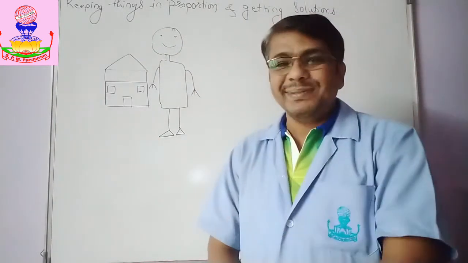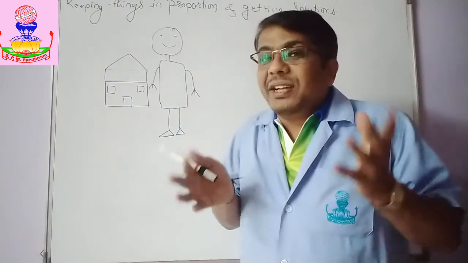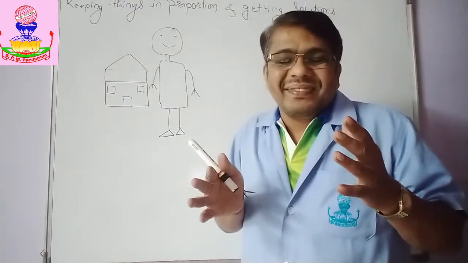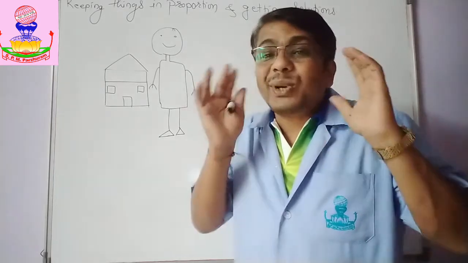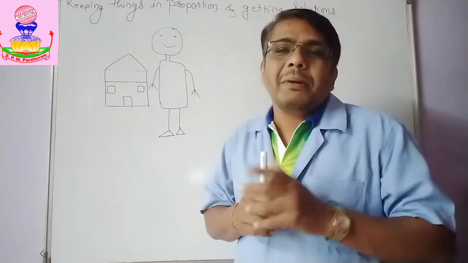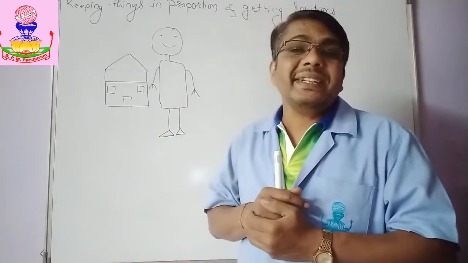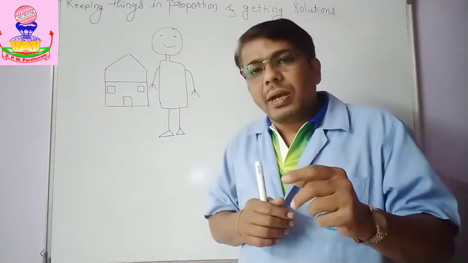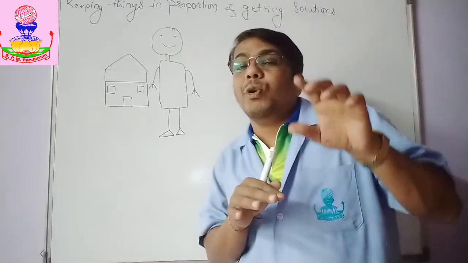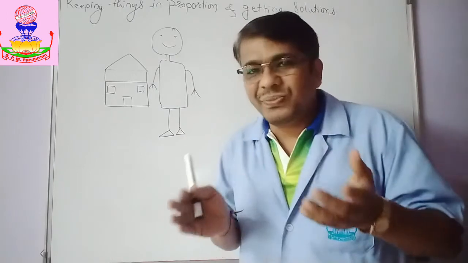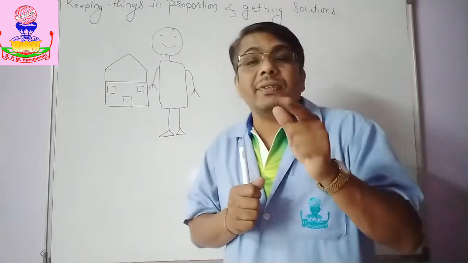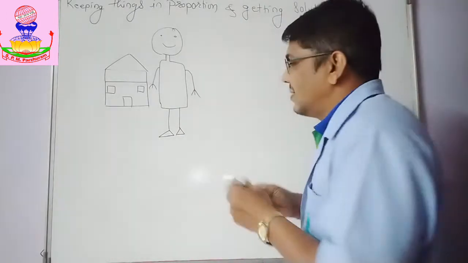Am I right? So that is the first mistake. So what he did, he didn't take into consideration proportion, actually. Can our height be more than the height of the house? Not at all. So what he should have done is like this.